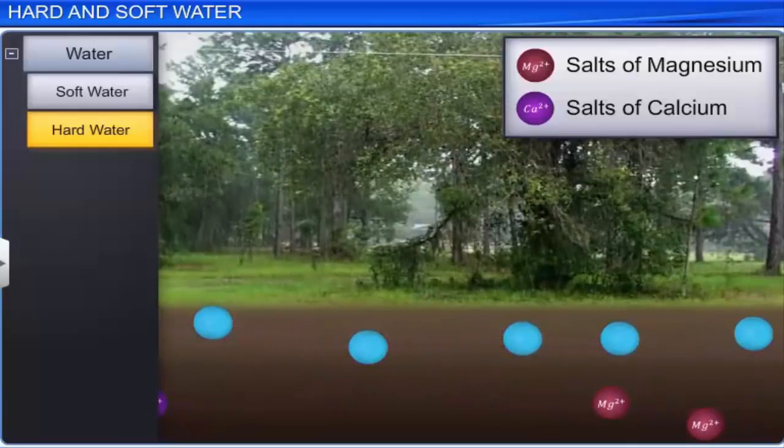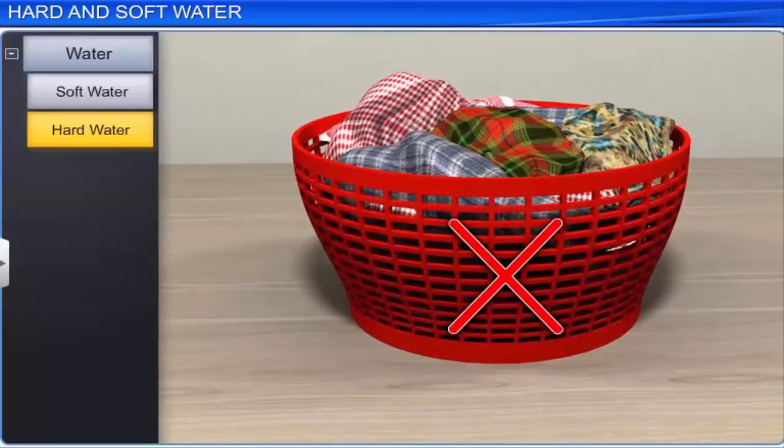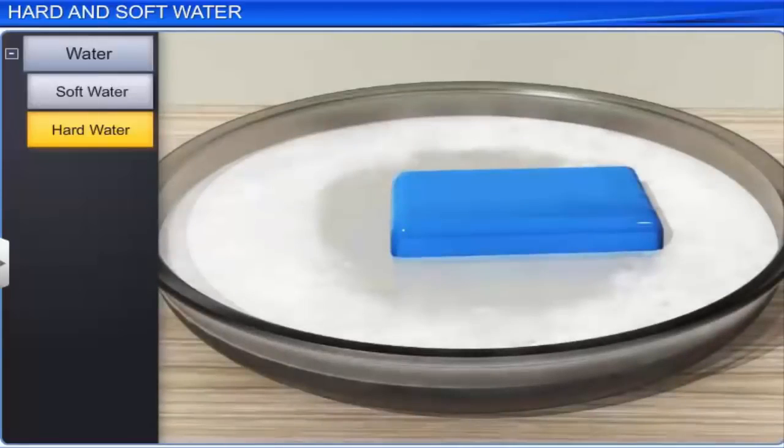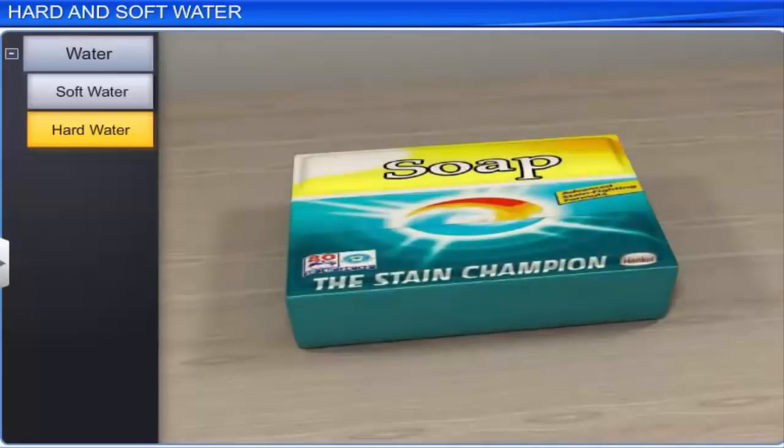Let's see why hard water cannot be used for laundry. Hard water contains calcium and magnesium cations, which react with soap to form scum or precipitate of calcium and magnesium salts of fatty acids. Laundry soap contains sodium stearate.